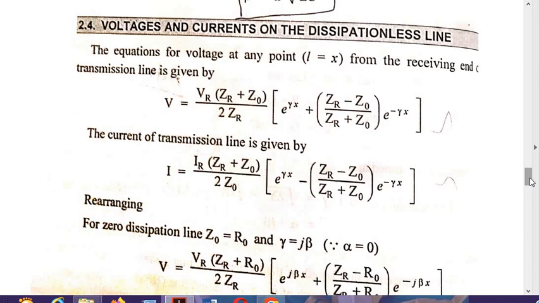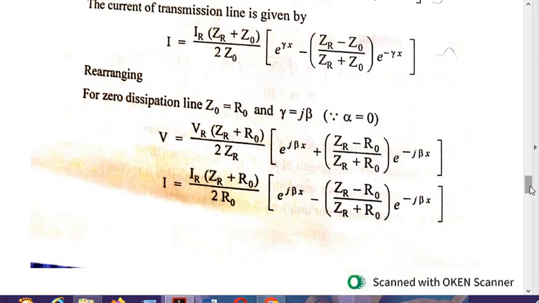So gamma is directly equal to j beta, and we consider the length of the line as x here. So what will be our voltage value? V is equal to VR into (ZR plus Z naught) by 2 ZR into e power j beta x. It is e power gamma, where gamma is equal to j beta.